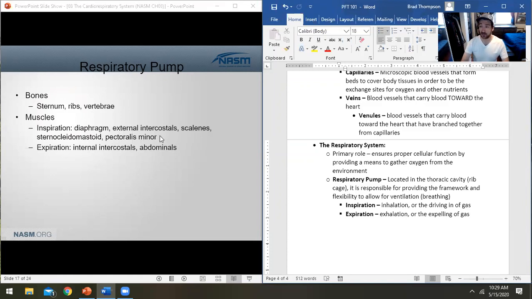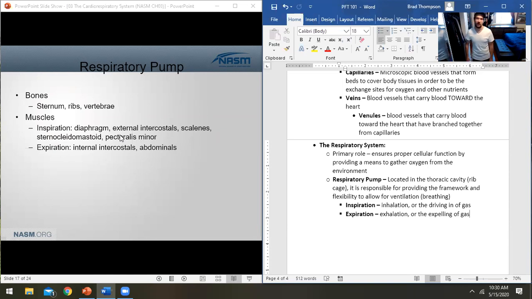Now, your external intercostals, your intercostal muscles, are these little muscles that sit between each of your ribs, providing stability for all of those bones. Your scalenes, which are these little neck muscles up here underneath your trapezius muscles, your sternocleidomastoid, and your pectoralis minor, those are all muscles responsible for breathing in, but those are what we refer to as secondary respiratory muscles.